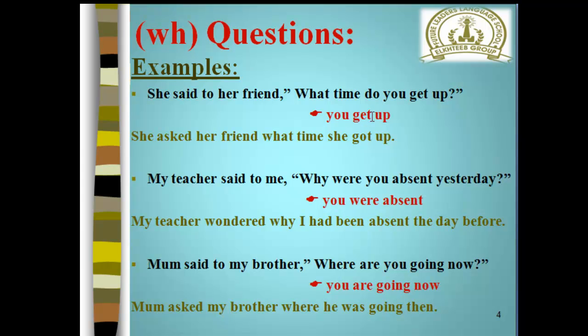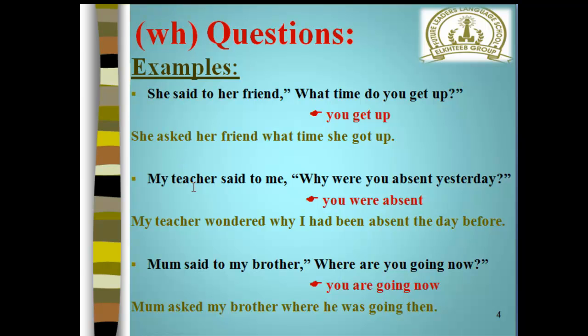Then use this step to change into reported speech. Change the pronouns according to the speaker, change the tense, and if you have any adverb, change it. She asked her friend what time she got up. Get is changed into got because the introductory verb is asked.